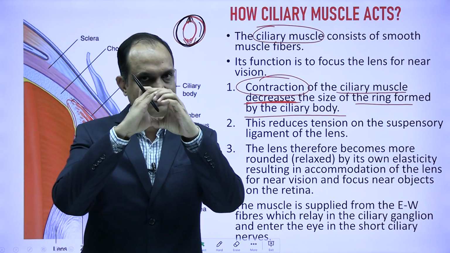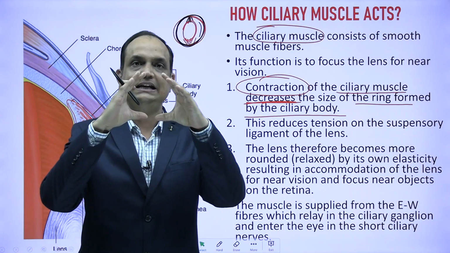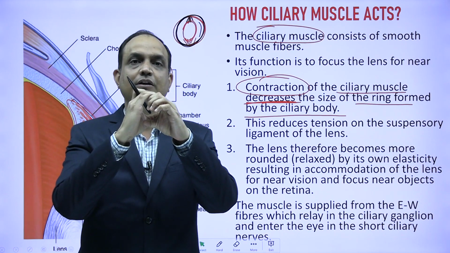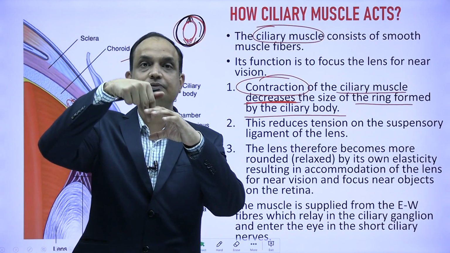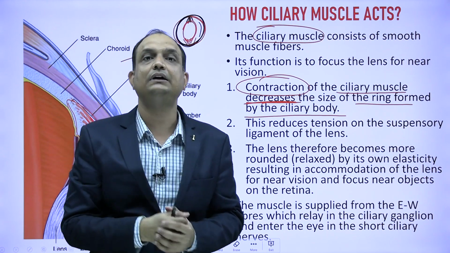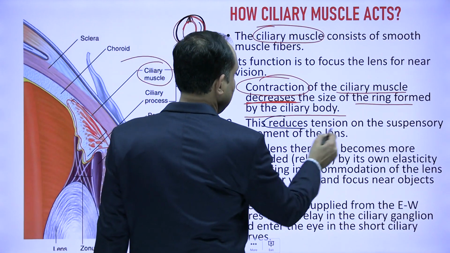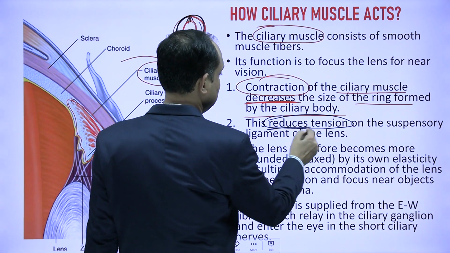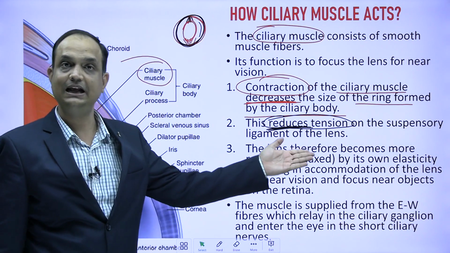So, when the ciliary muscle is contracting, the size of the ring is decreasing, and inside the ring you have the connection of your fibers with the lens, and these fibers are known as ligaments. So, the tension in the ligaments will reduce. It will reduce the tension in the suspensory ligament of the lens.